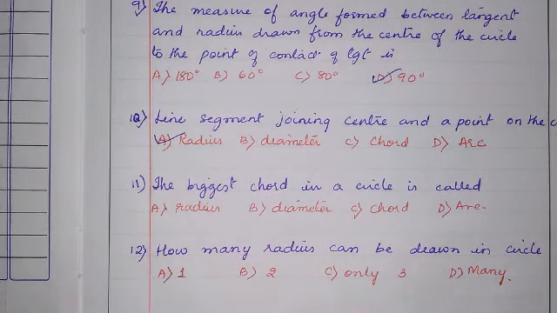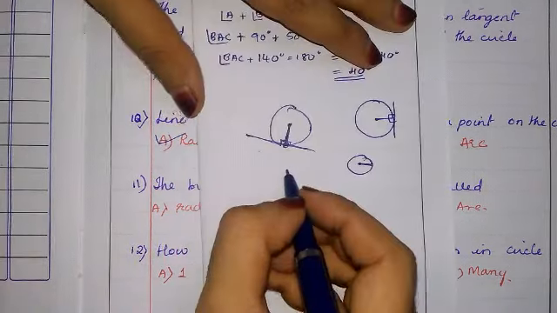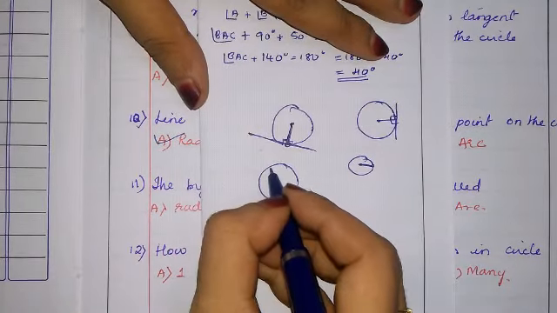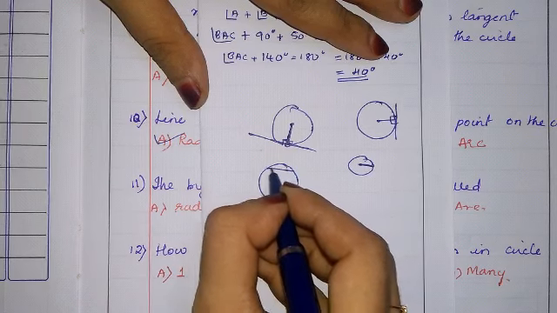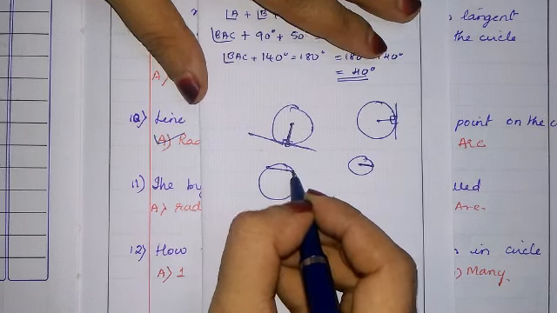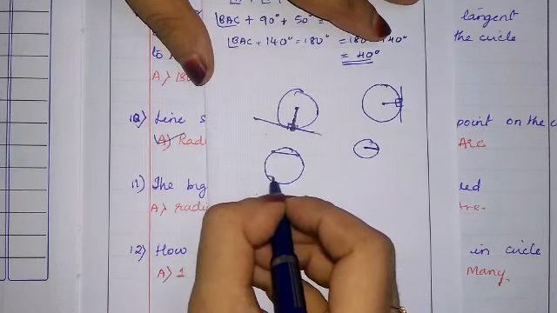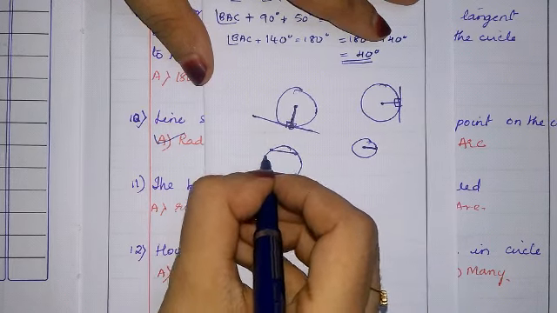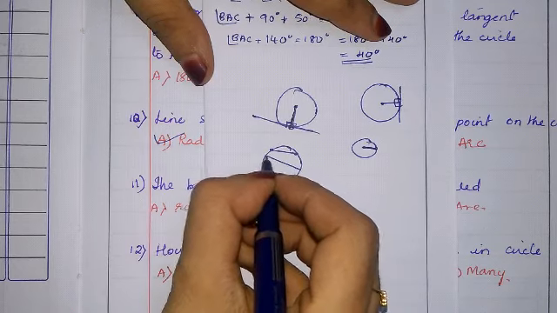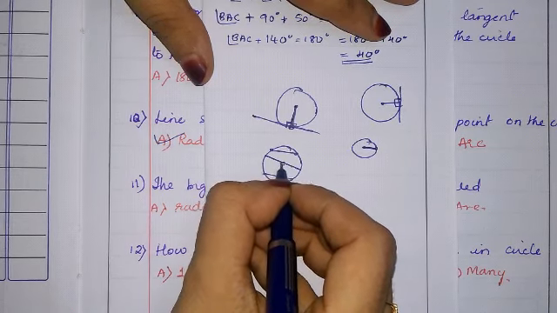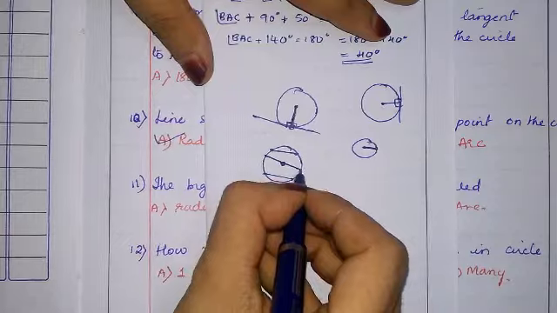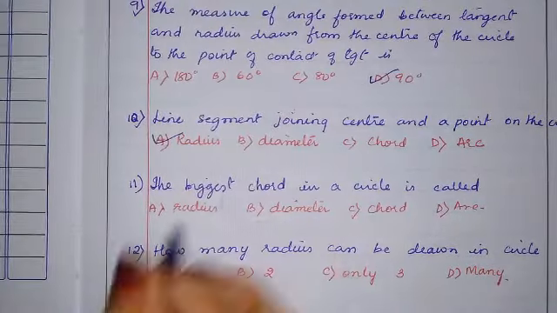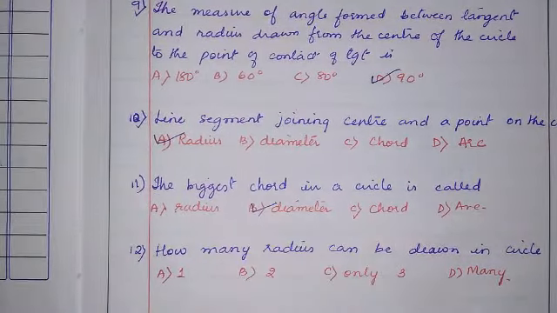A chord joins 2 points on the circle, like this. The biggest chord is the one which passes through the center, that is the diameter. So the biggest chord is nothing but the diameter.